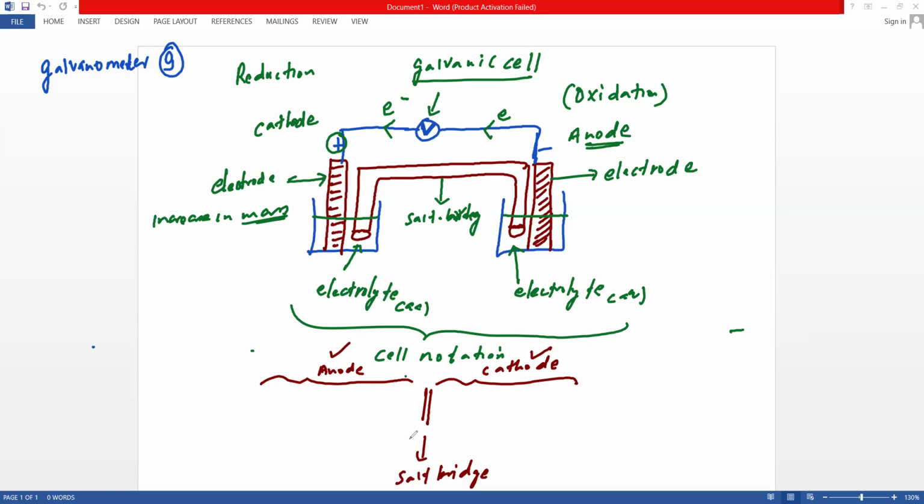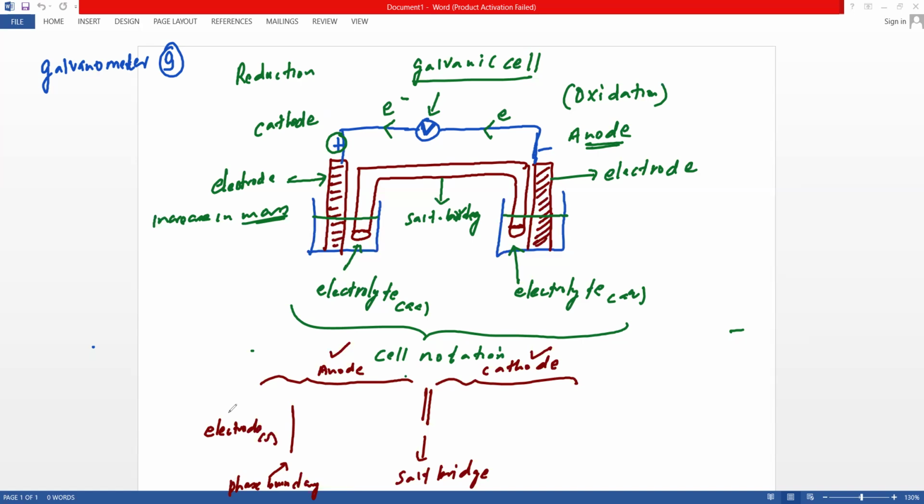And within the anode part, we must have the following. The first one, we have to have an electrode, usually a metal or graphite. Then we have something called a phase boundary or an interface. This is the symbol for a phase boundary. In another book, they call it an interface.